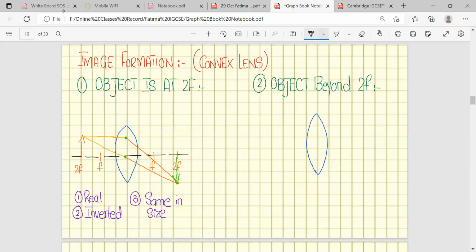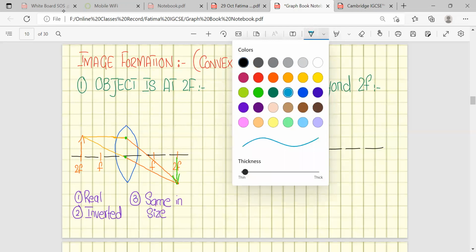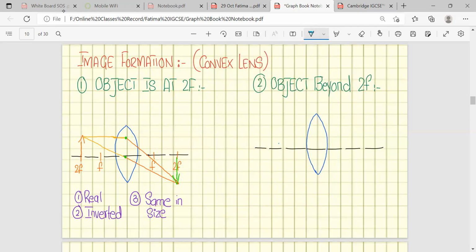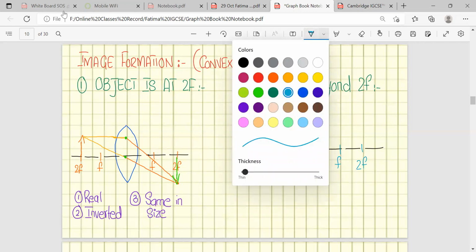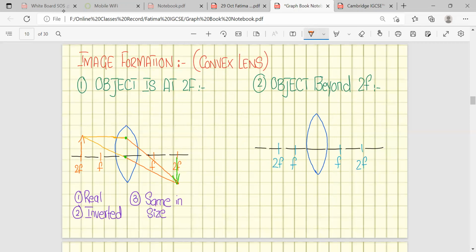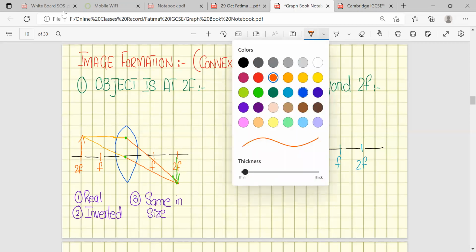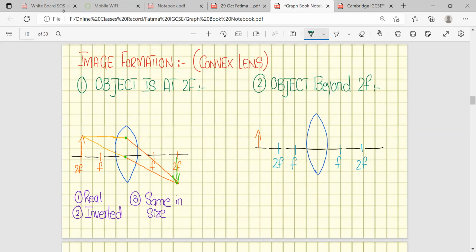This is our principal focus, and 2f will be somewhere at this point. This will be our f, f to f, and the object is going to be placed beyond 2f like this. So how is the image going to be formed in this condition?